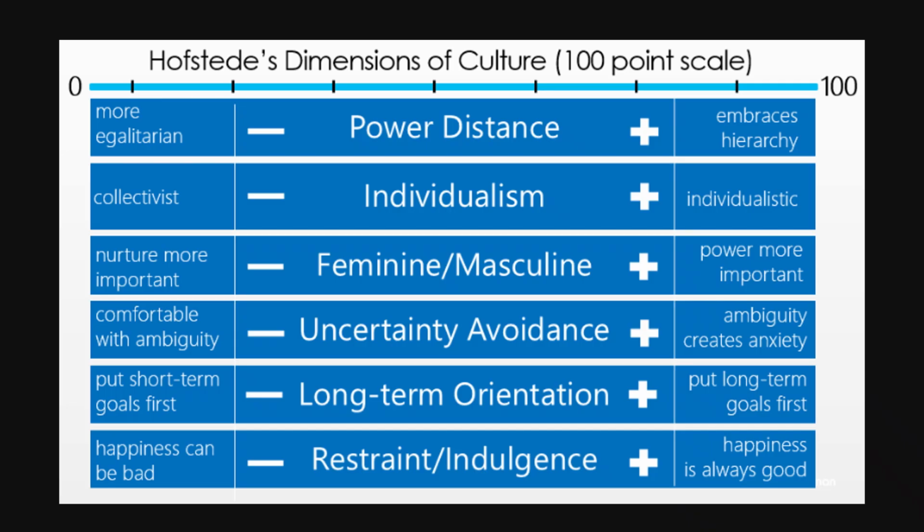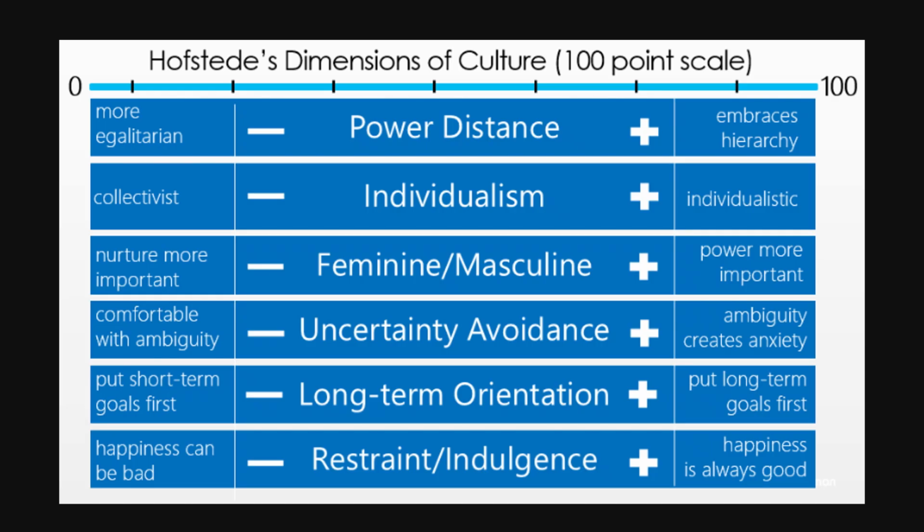So this is a different way of looking at Hofstede's dimensions, and it puts each of these different dimensions on a scale from 0 to 100. And this is actually what Hofstede did in his research, is that he would score each country or culture on his list from 0 to 100.